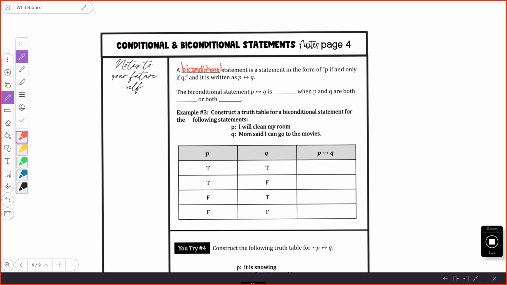The way that we read a biconditional statement is P if and only if Q. So the biconditional statement P if and only if Q is true when both are true or both are false.